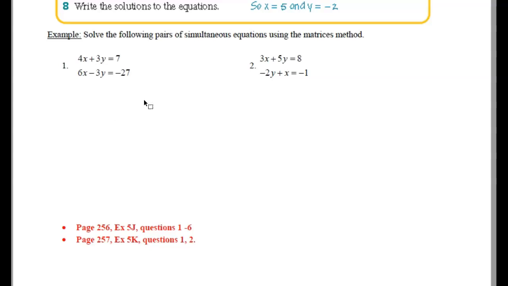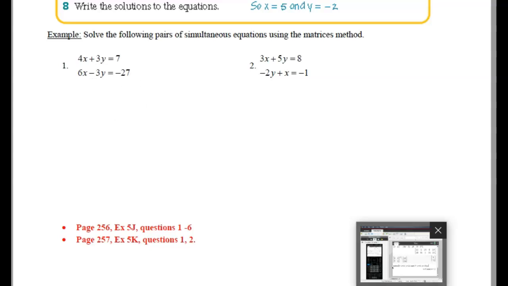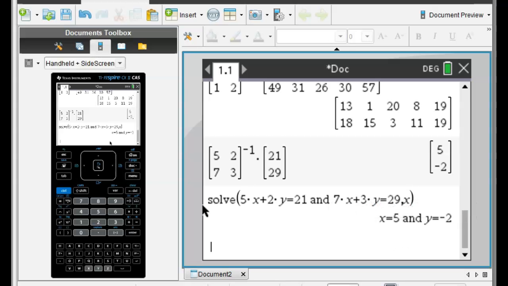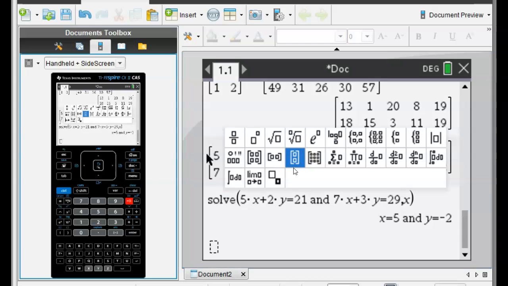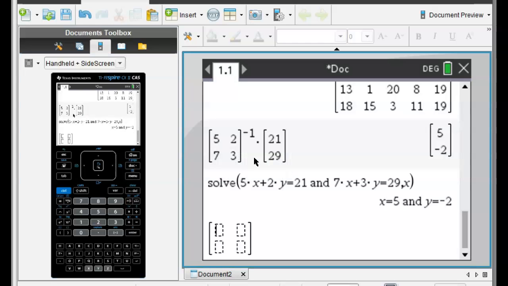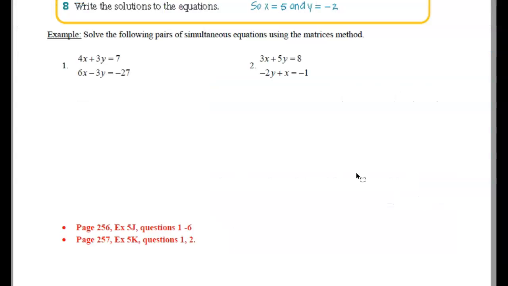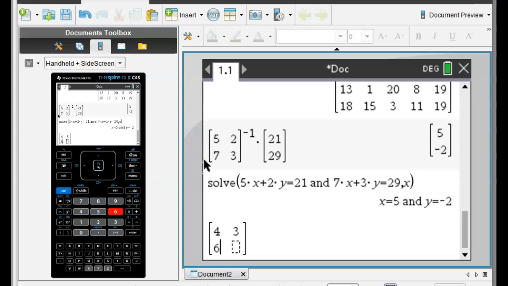All right, let's scroll along. Okay, so here I've got 2 examples. Let me just get the calculator. So our first matrix: 4, 3, 6, -3.